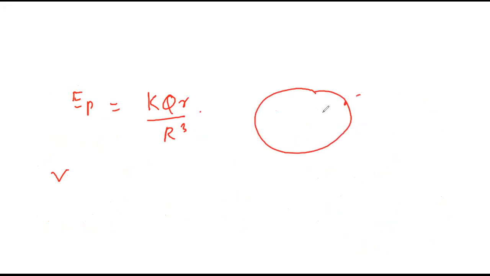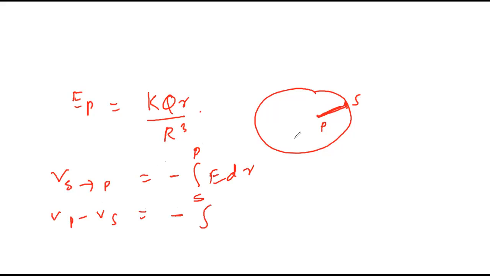So we want inside. S is the surface, P is the point inside where we are interested in potential. So V from S to P, when you are moving the charge, this is minus the integral of E dr from S to P. S is just touching this surface. So it will become Vp minus Vs is minus E inside, which is KQr upon R cube, dr from S to P. So that will become Vp minus V on the surface.